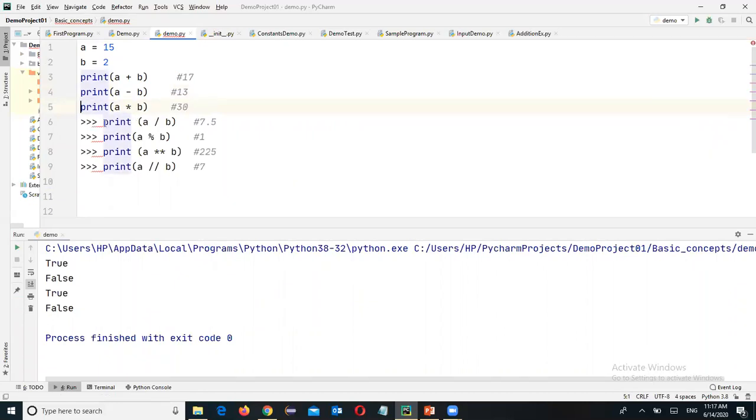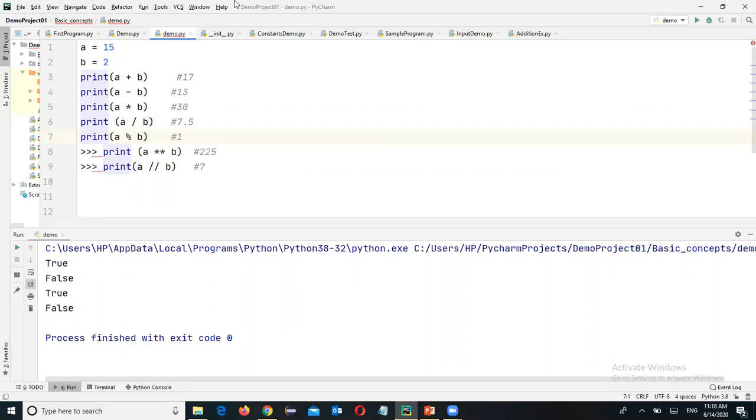Then multiplication. The division operator gives the quotient with the decimal value. The percentage symbol, the mod operator, gives the remainder.